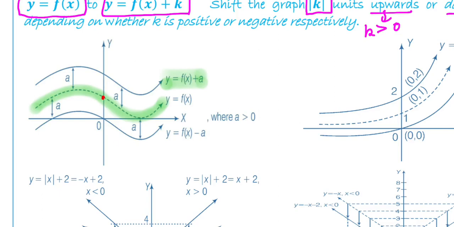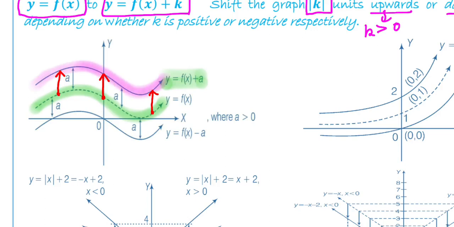Suppose I am talking about this point over here, we have to move this point a units upward. If we are talking about this point, it is moved a units upward. If we are talking about this point, it is moved a units upward. So the graph we obtain for y = f(x) + a is this graph we are talking about.